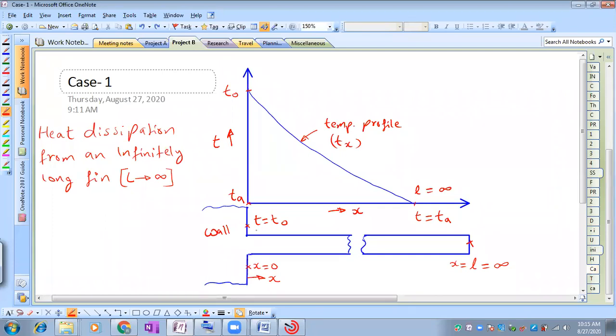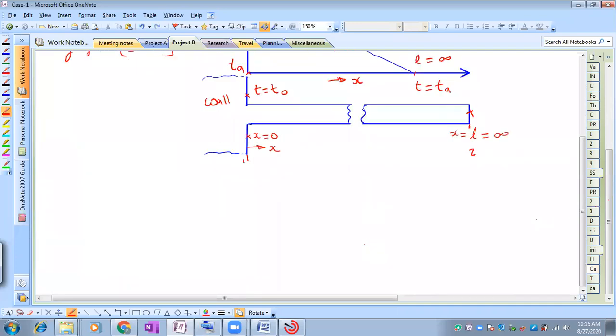When x is equal to 0, the temperature at the base of the fin is T0, and when x is equal to L, the temperature at the end of the fin will be equal to the ambient temperature. Now based on these two, this is the first phase and this is the second phase. At these two phases we can apply the boundary conditions and find the values of C1 and C2.